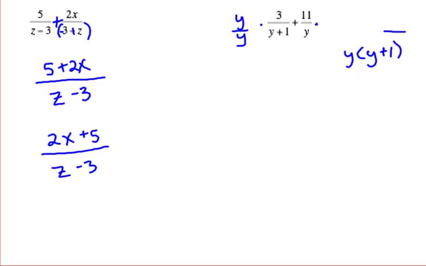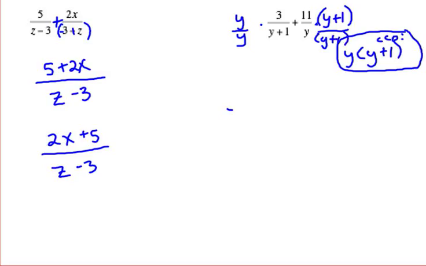So what was missing here was y plus 1. So I'm going to multiply the numerator and denominator by y plus 1. And now my common denominator is y times y plus 1.